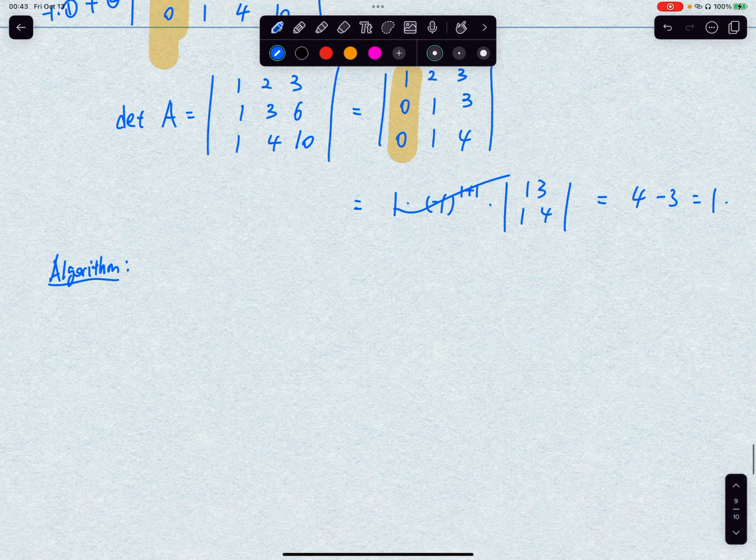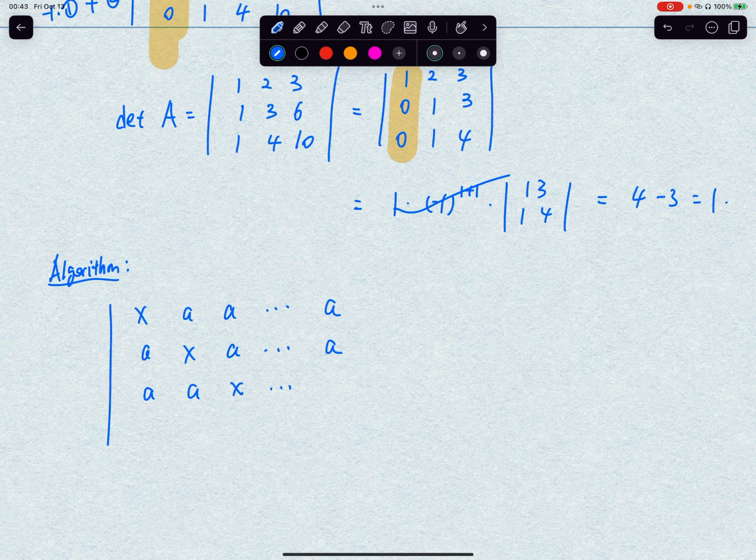So assume we are dealing with a matrix with x on the diagonal and a everywhere else: x a a a, a x a a, a a x a, and a a a x. That is, the elements on the diagonal are the same, and the elements everywhere else are the same too.